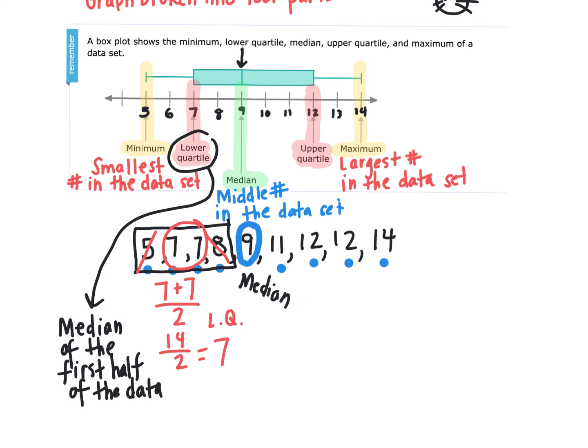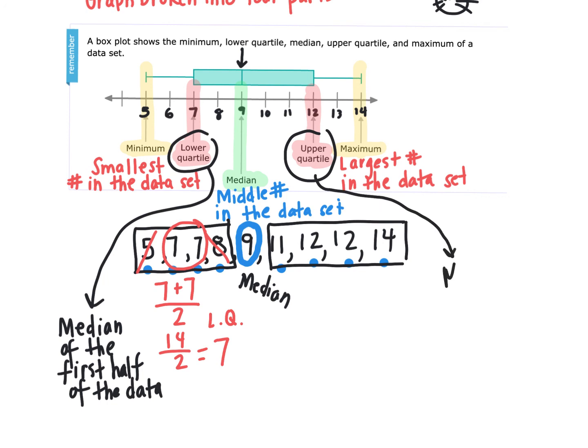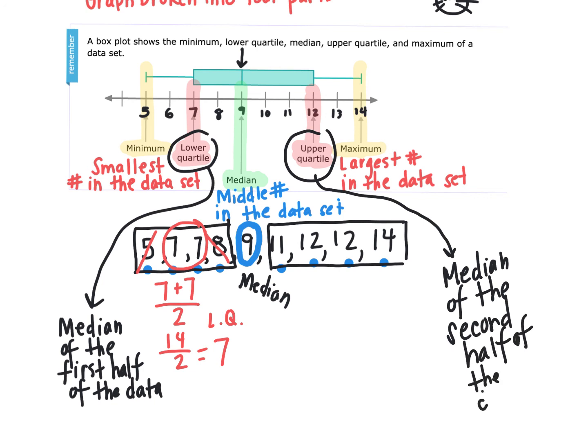It's a median. It's a middle number for the first half. So if we go over here, let's talk about the upper quartile. I bet you guys could guess what I'm going to say. The upper quartile is the median of the second half of the data. Okay, so let's look at this one.